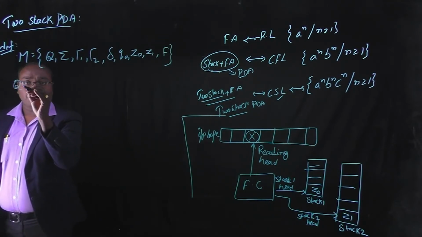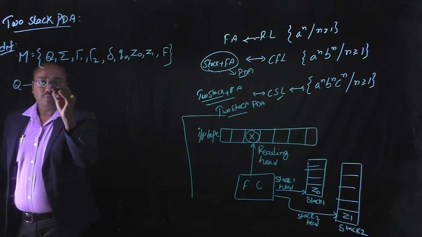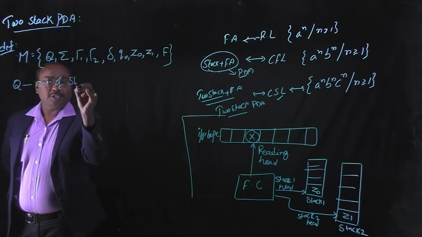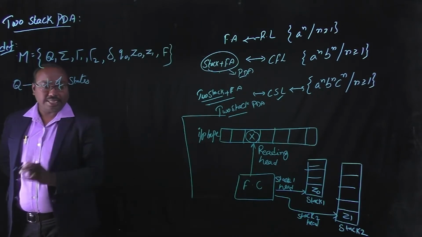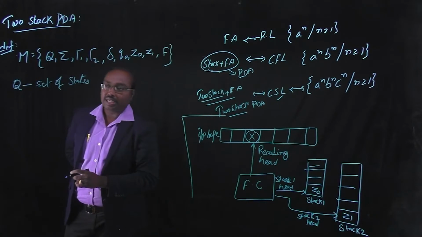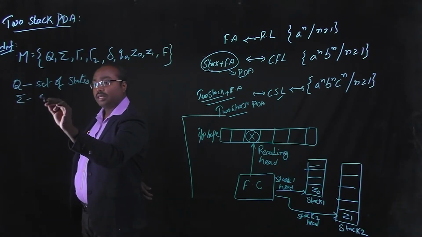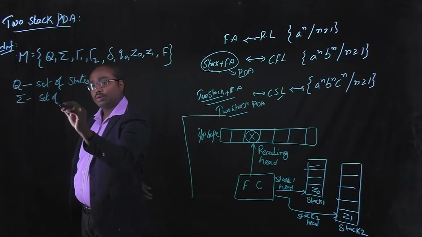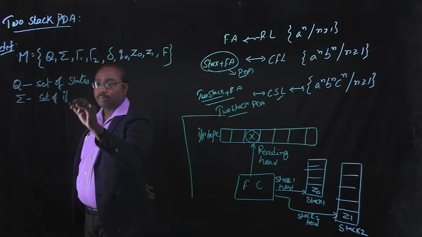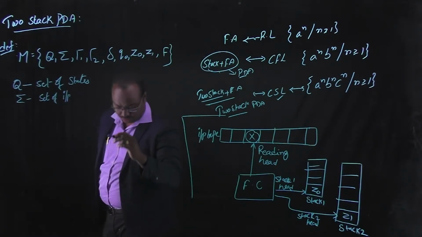Capital Q represents the set of states. Sigma represents the set of input alphabets.